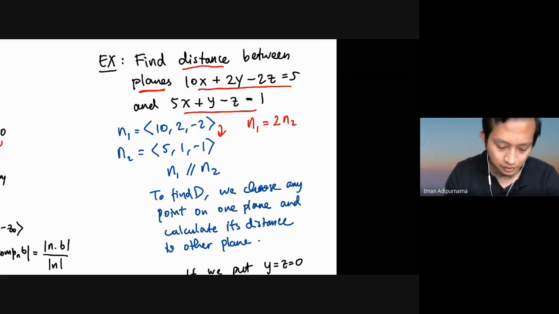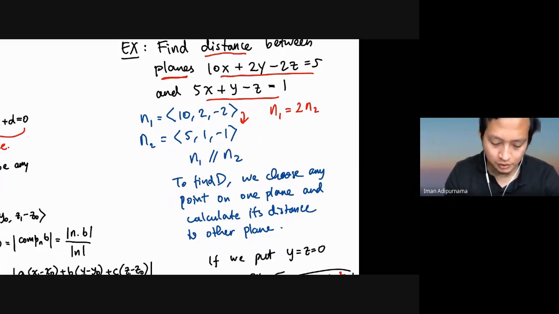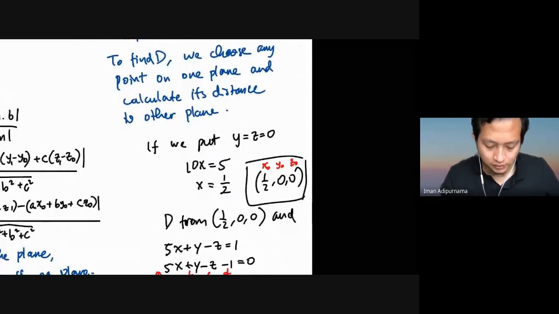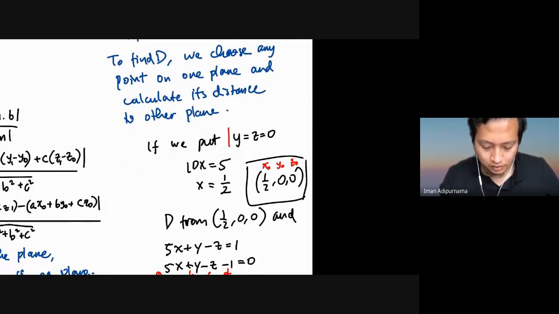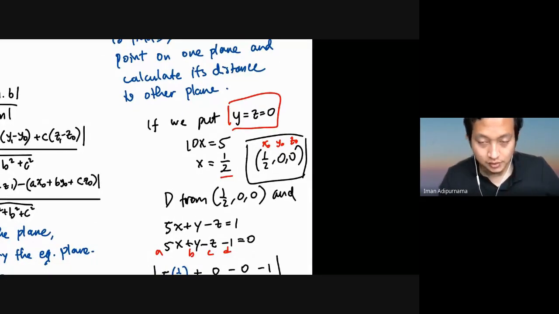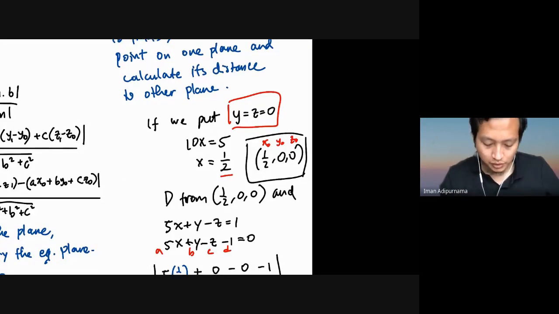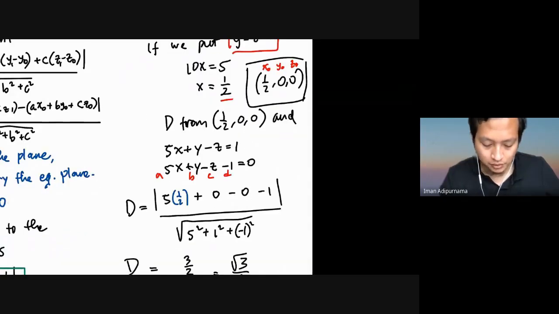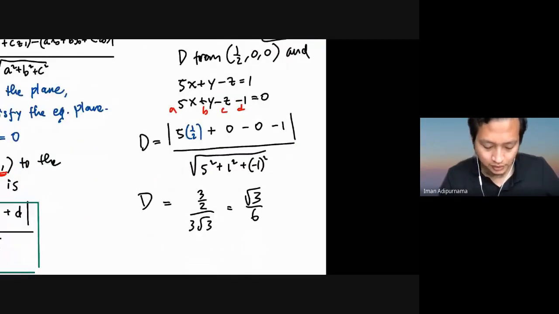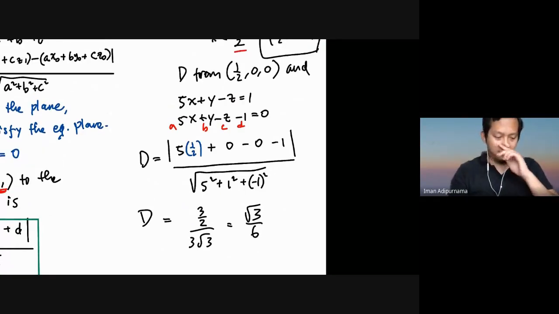You can choose the first equation or the second equation. For example, like I did, make y and z 0 so that you can find the point x. This will be your P0. With P0, we can find the distance to the other plane, and this is what we got here.